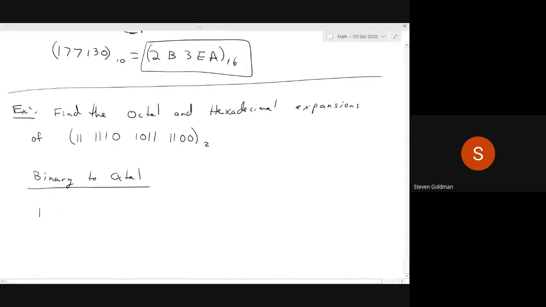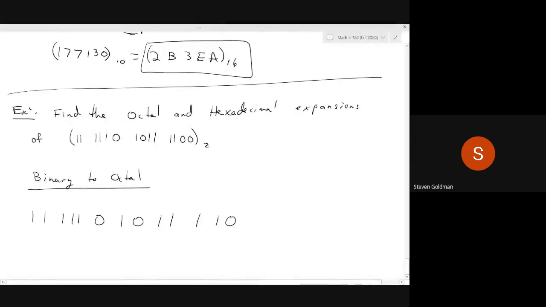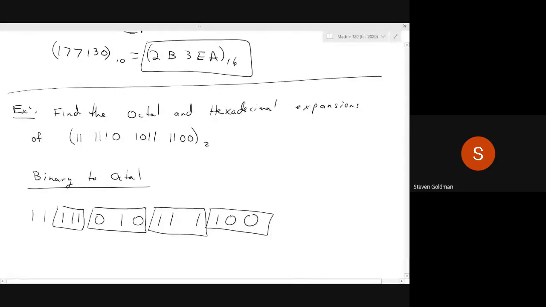So let me rewrite this here: 1, 1, 1, 1, 1, 0, 1, 0, 1, 1, 1, 1, 0, 0. I'm going to break this up into blocks of 3, starting from the right, and then I'm left with the 2 ones at the beginning.